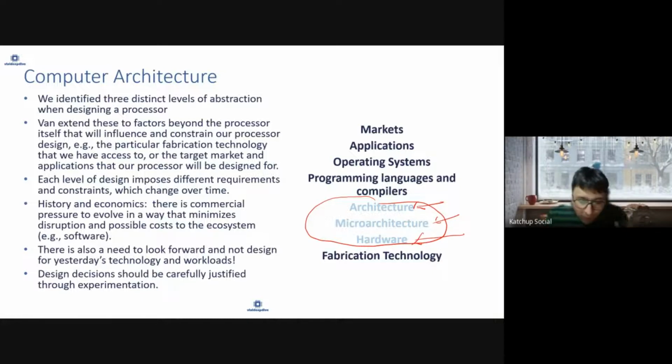Now we can extend these factors beyond the processor itself: fabrication technology, the target market, the applications, the programming languages and compilers it's going to work with. Each level imposes different requirements and constraints, which can change over time.